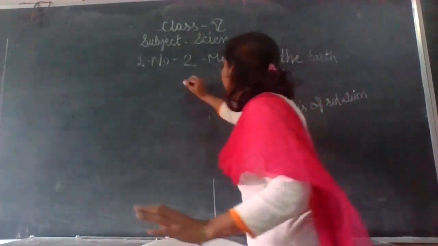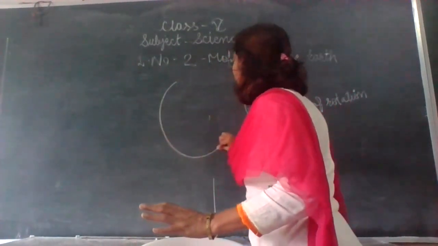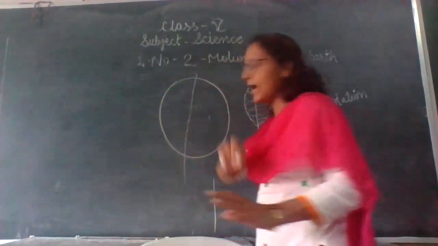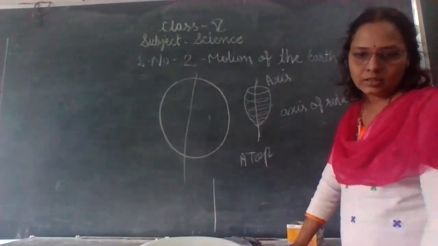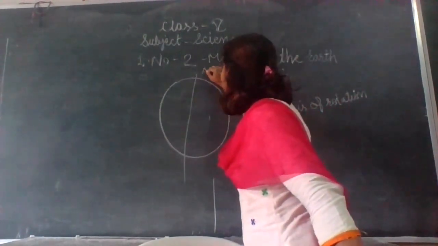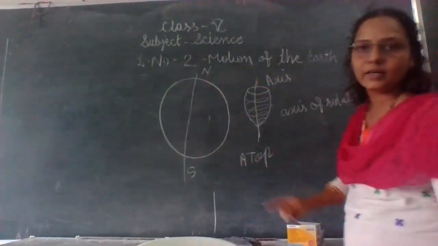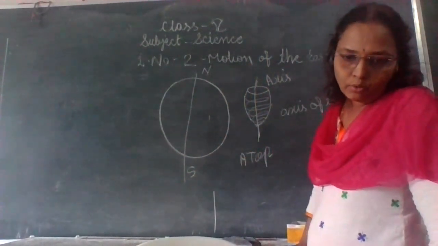Suppose this is a picture of our earth. This is the axis. This represents the North Pole, and this represents the South Pole.